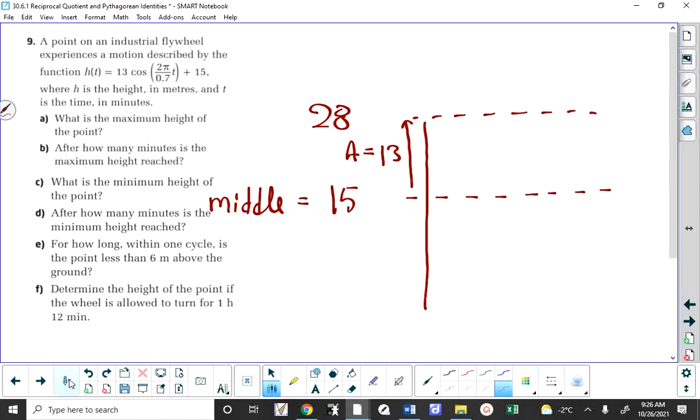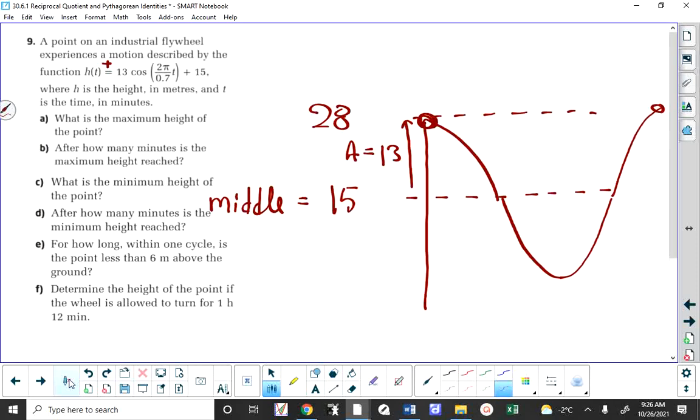After how many minutes is the maximum height reached? We could probably figure this out without graphing it on the graphing calculator because it's a cosine function. And the coefficient in front of the cosine, A in other words, is positive. This graph will start at the top and go down, down, up, up.